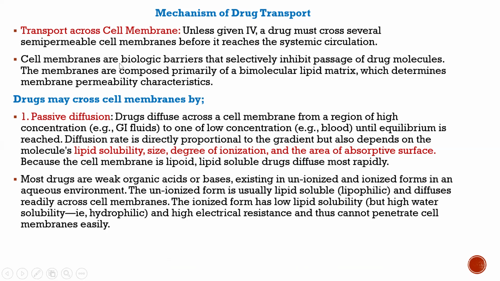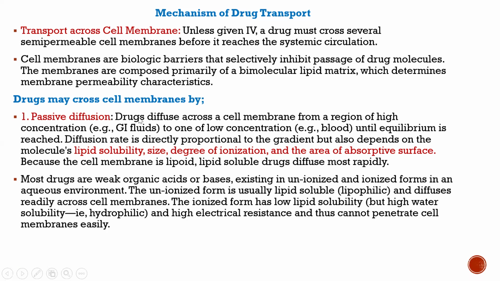So cell membranes are biological barriers that selectively inhibit passage of drug molecules. So the membranes are composed primarily of a bimolecular lipid matrix, which determines the membrane permeability characteristics. So there are three different ways that drugs may cross membranes. They may cross the cell membrane through passive diffusion. And what is passive diffusion?